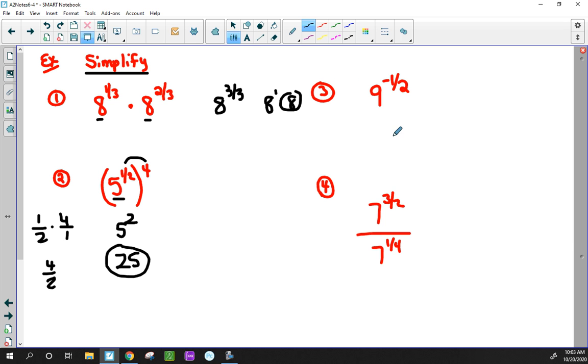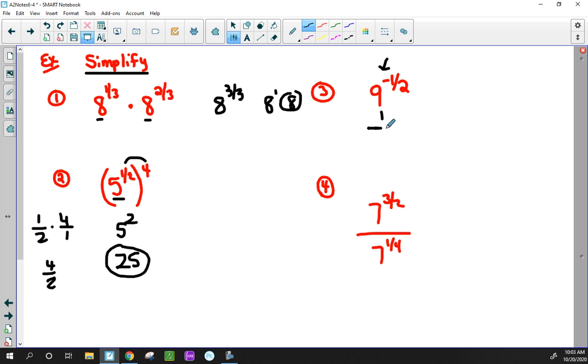Okay, number 3. 9 to the negative 1/2. Again, I don't see a variable involved, but I do have a base, 9, and I don't like that it's raised to a negative exponent. So what I'm going to have to do is use the negative power rule from the last slide, and that says change the position.